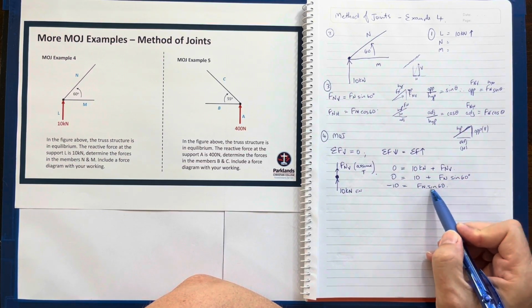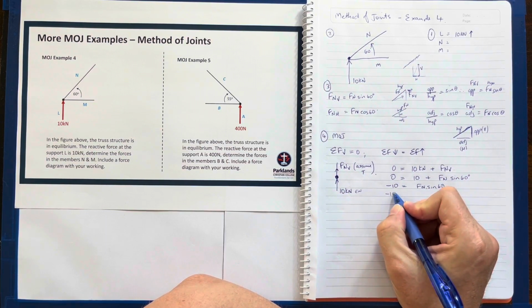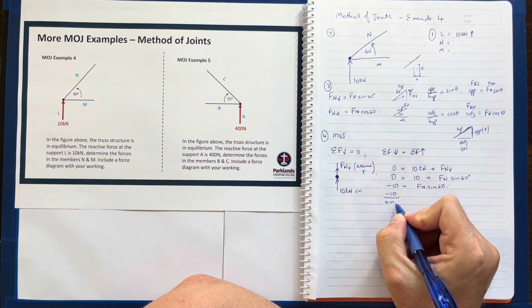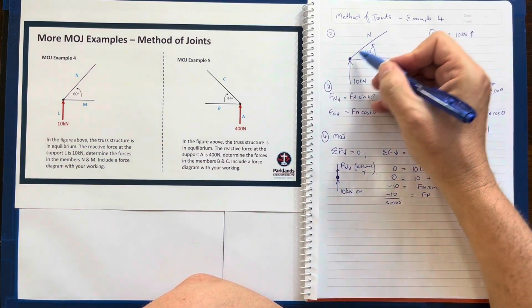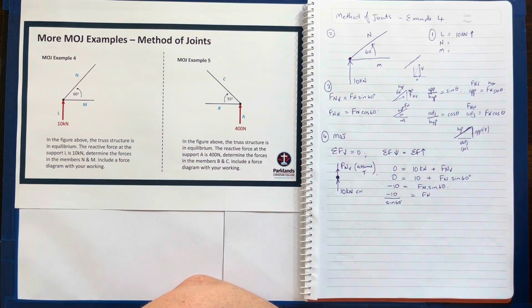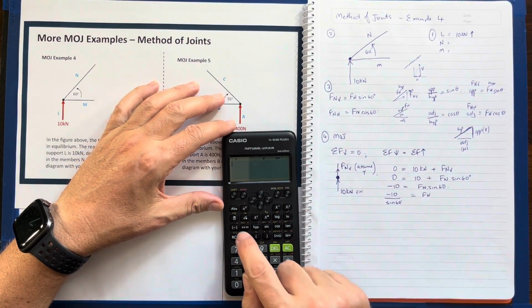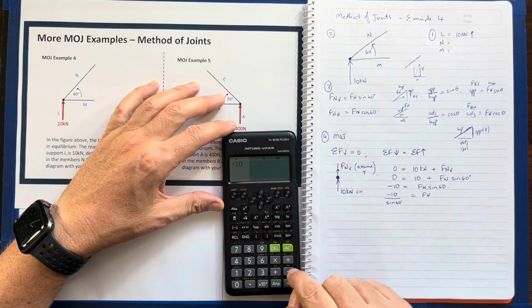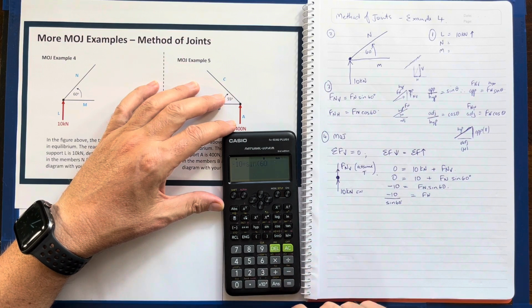How do I get rid of my sine 60? I divide through. So I have that divided by sine 60 equals the force of that member. Let's see what the calculator says that is. It will be negative 10 divided by sine 60.